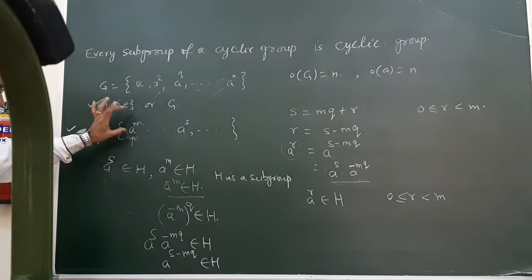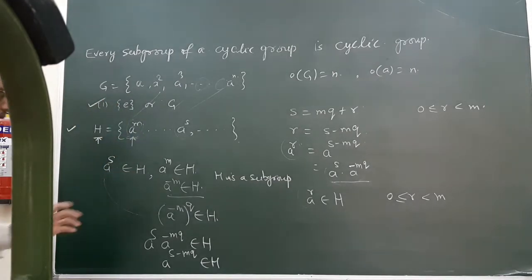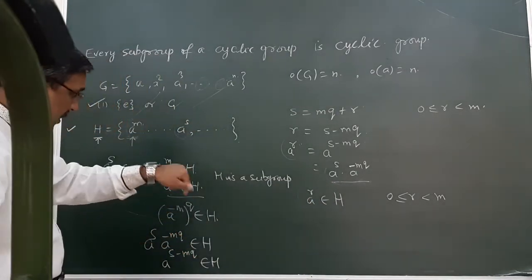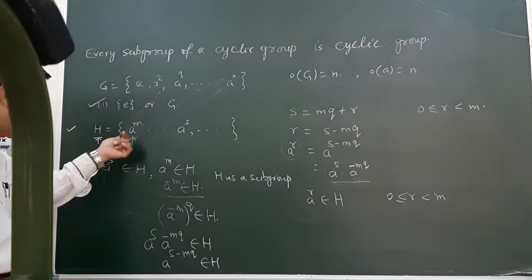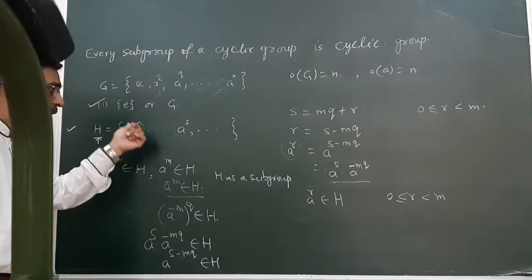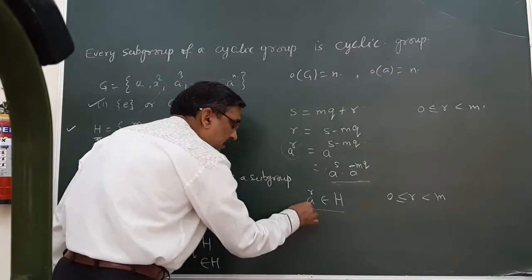How can a member with a power of a less than this, a^r, be a member of H?